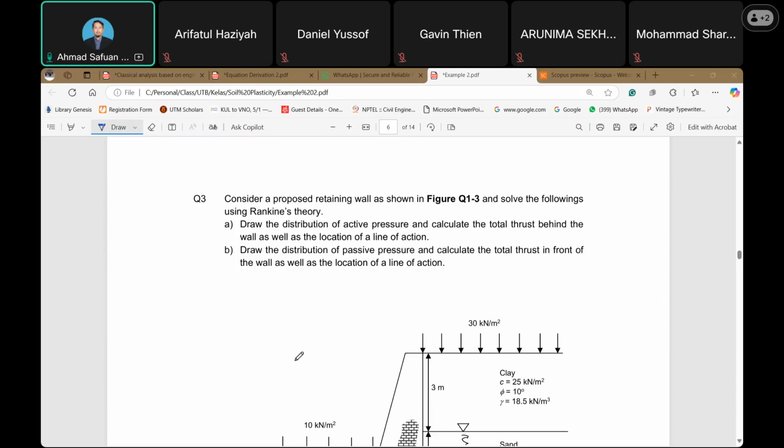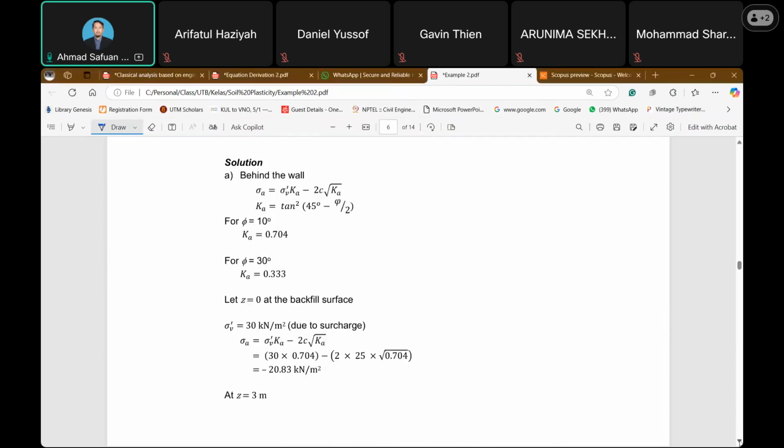We then put the sigma V in the equation, multiply with the coefficient of active, minus 2c times square root Ka. From there, sigma A is equal to negative 20.83.